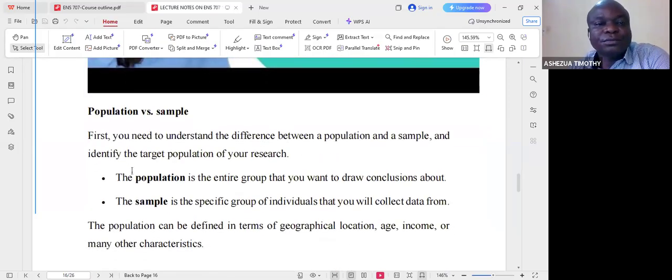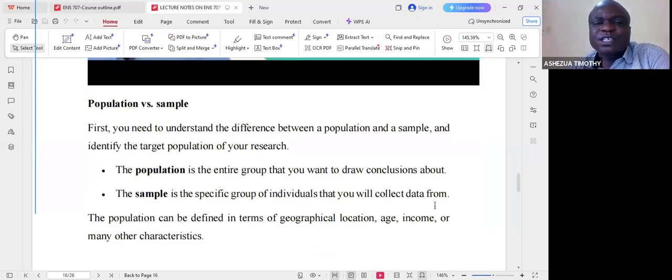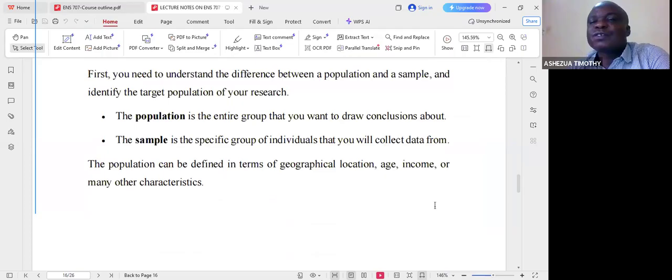So the population is the entire group that you want to draw conclusions about, while the sample is a specific group of individuals that you will collect data from. The population can be defined in terms of geographical location, age, income, or any other characteristics.